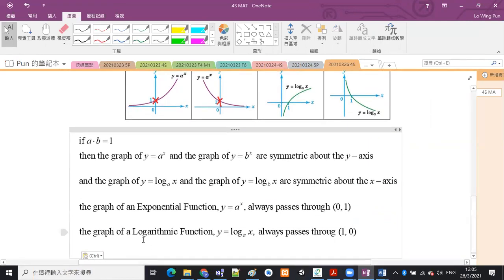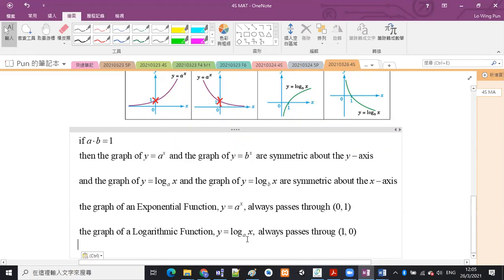The graph of a log function y equals log x base a. No matter what a is, no matter what the base is, when you put x equals 1 into this function, y is log 1 base a.